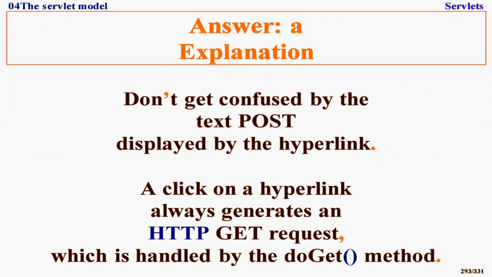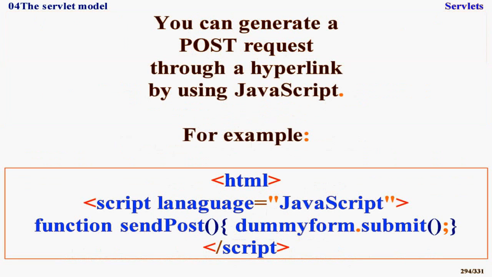Answer: A. Explanation: Don't get confused by the text "Post" displayed by the hyperlink. A click on a hyperlink always generates an HTTP GET request, which is handled by the doGet method. You can generate a POST request through a hyperlink by using JavaScript.